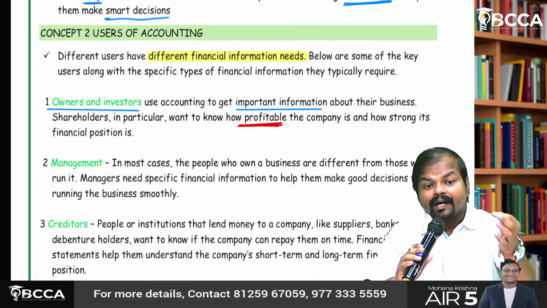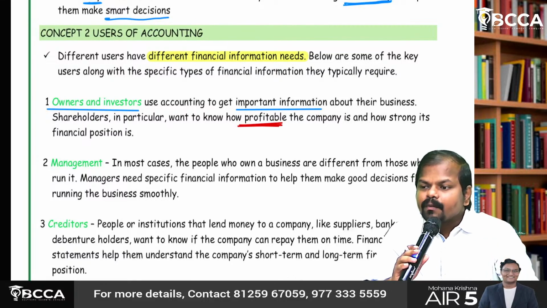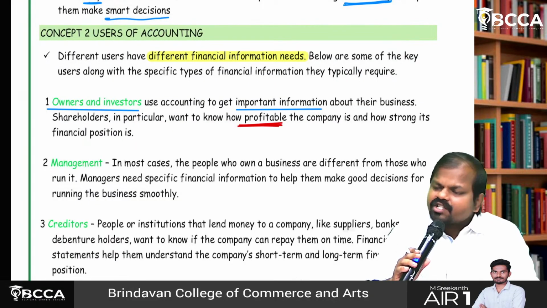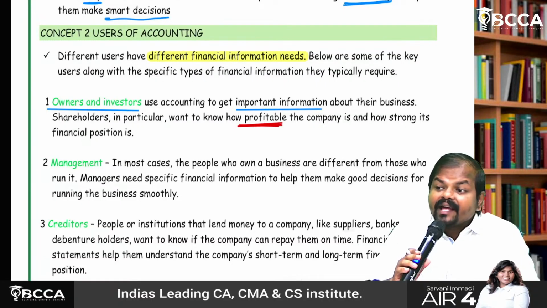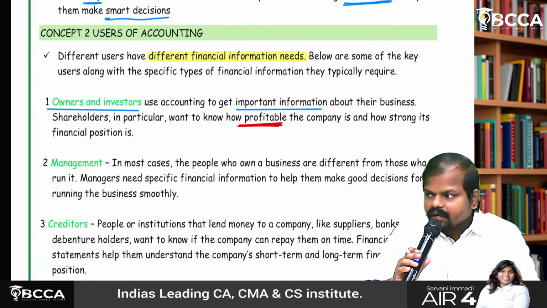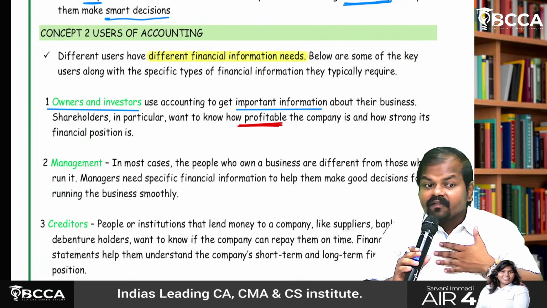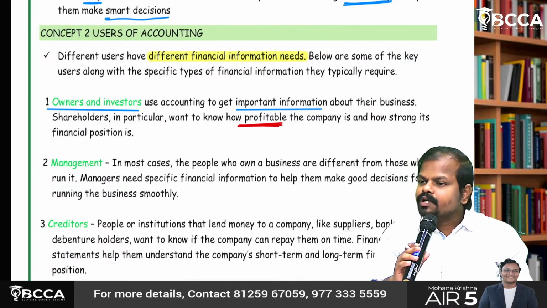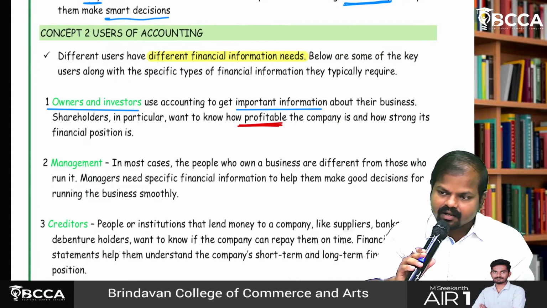What? Interest is mandatory, dividend is optional. Payment of interest is mandatory, irrespective of the financial position or profit. Dividend is optional. Even if I am having huge profit, declaration of dividend is optional. It's our option whether to declare a dividend or not.